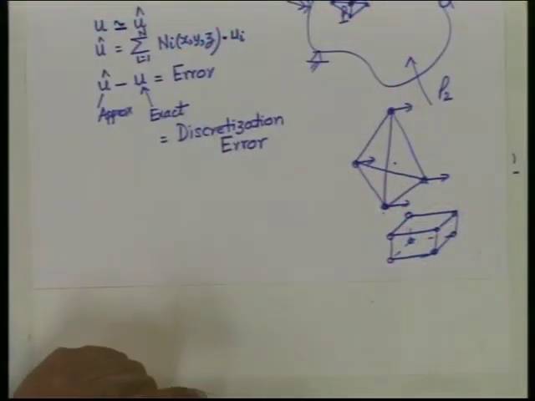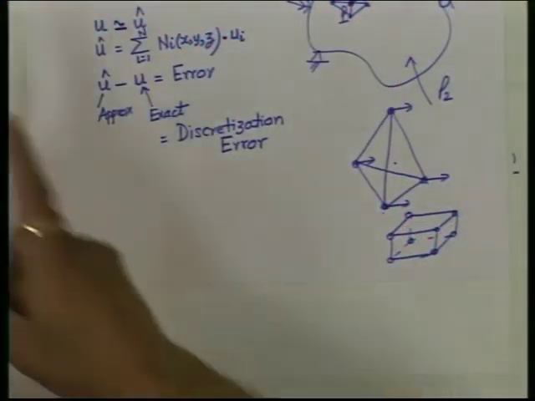Now, it so happens the plate equation itself is an approximation of the 3 dimensional one, but as far as that equation is concerned, the analytical solution is exact. There is no error there, but you will never get exact here. You will always get some approximate solution. So, whenever you solve, this discretization error is always there.